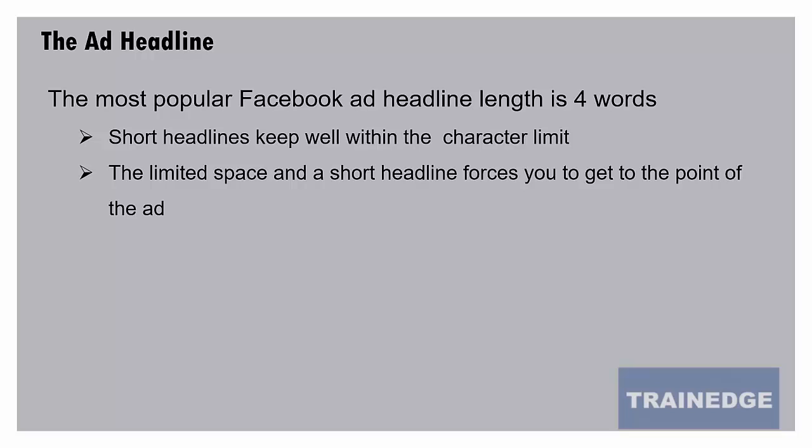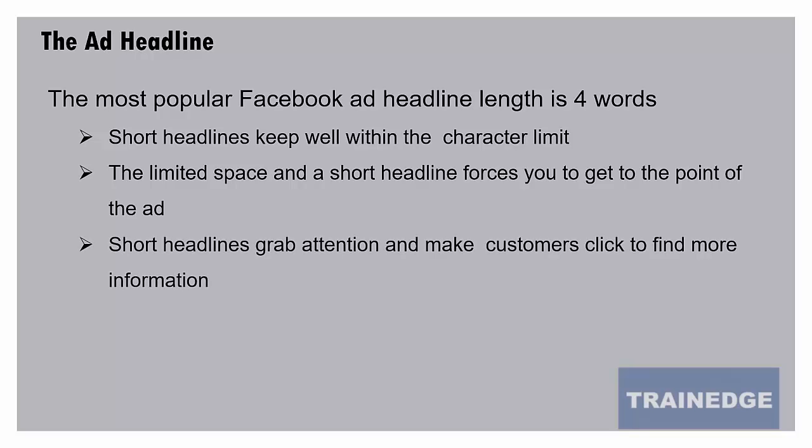And by keeping your headline short, you are forced to focus on the main point of your ad. Research has also shown that people like to see ads with shorter headlines because it's probably easier for people to grab the meaning behind the headline, to understand what the ad is about, and that's why shorter headlines do better on Facebook.